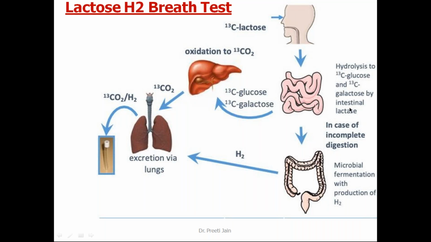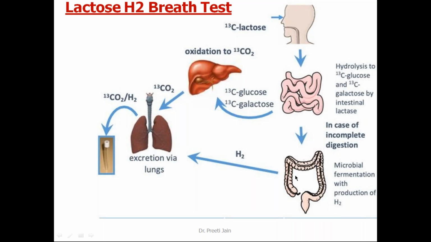But if this lactase is not there, what will happen? There will be incomplete digestion and it will reach the colon. What is there in the colon? You have the presence of colonic bacteria. So this microbiota is going to ferment it with production of hydrogen, and methane will also be formed, as well as carbon dioxide.